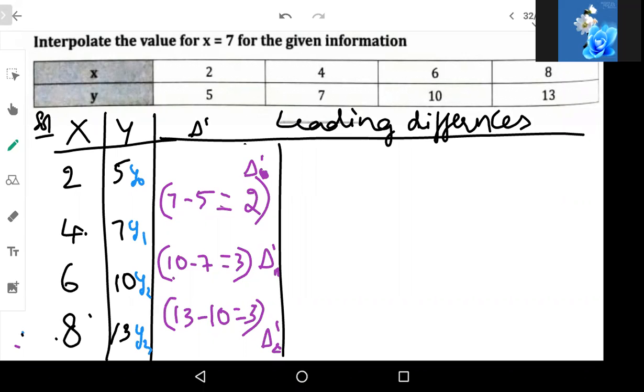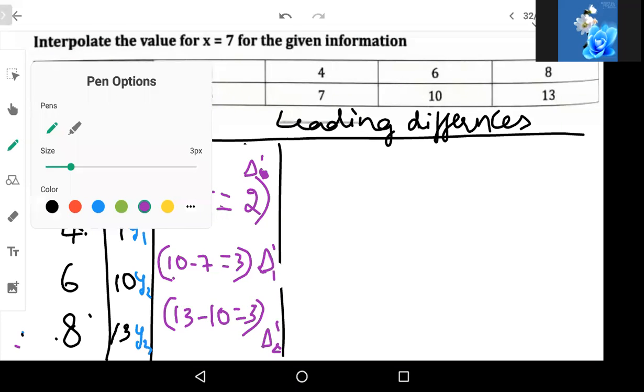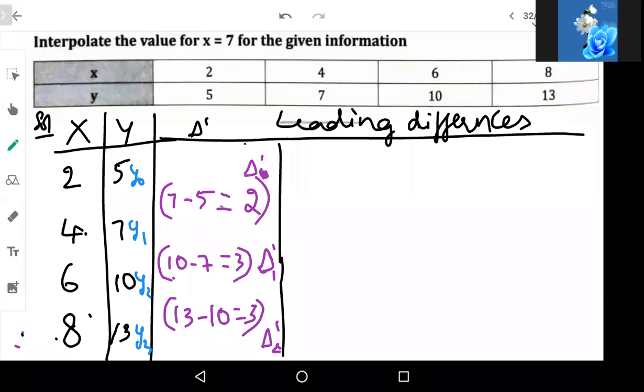Did you all understand how to find the first leading difference? Is it clear or you want me to repeat it again? Okay, now moving on to the next column.